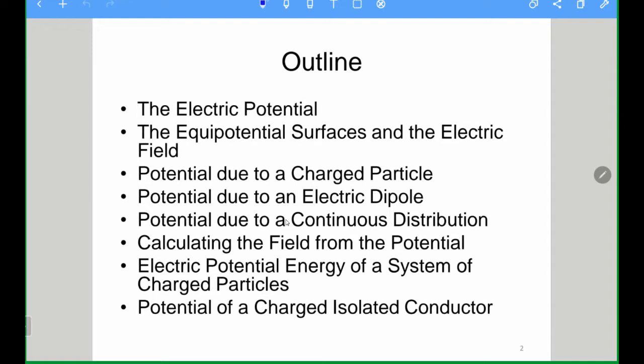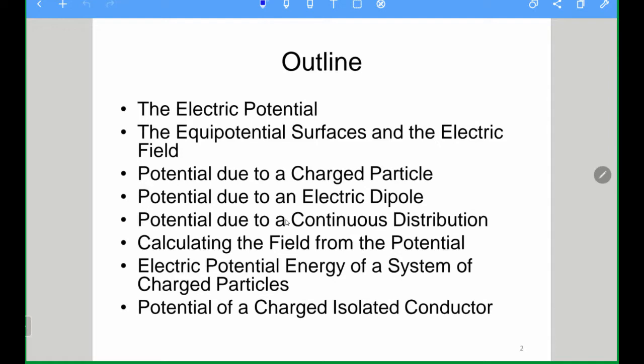Sometimes I may just call it voltage, I hope you can understand. It is somehow not the same as electric potential, but sometimes it is the same thing. So we'll introduce electric potential first, and then we'll introduce equal potential surfaces and the electric field.